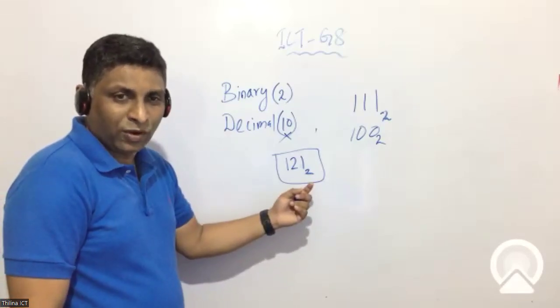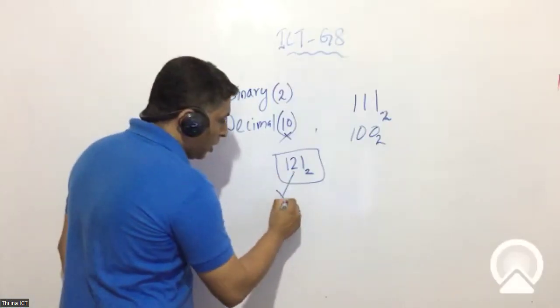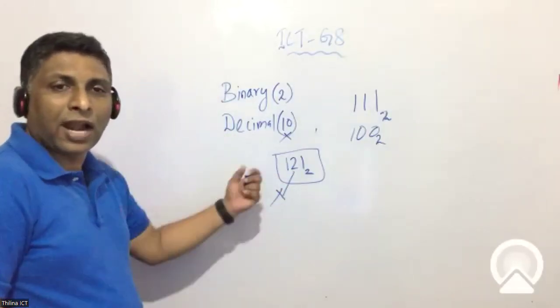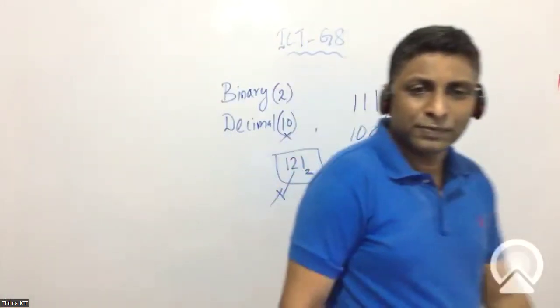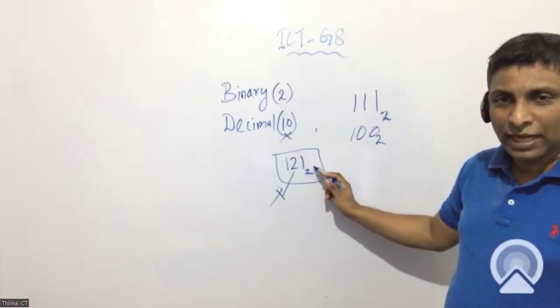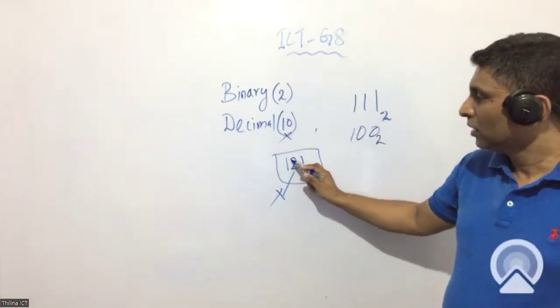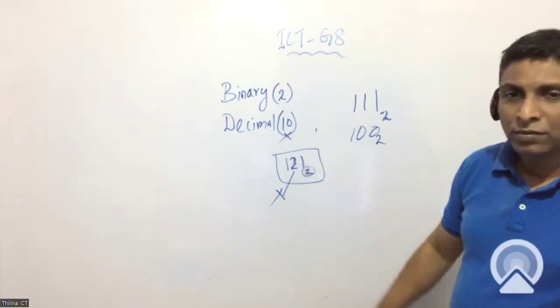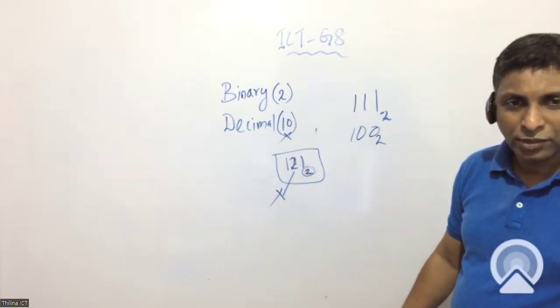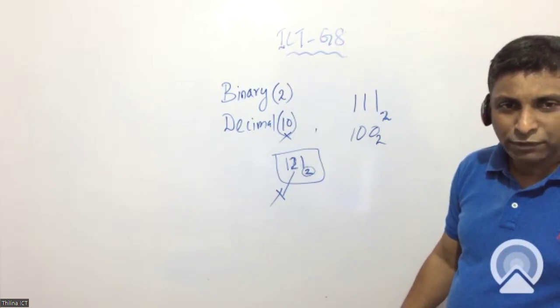Base 2 has only ones and zeros. If you say 2, this is not possible, so this can't exist. Is it clear? 1, 2, 1 in base 2 is not possible, because 2 does not belong to base 2.